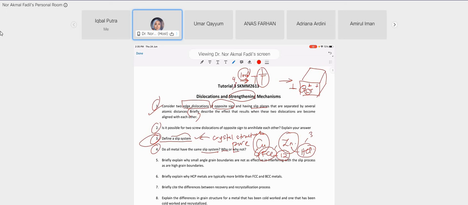Briefly explain why small angle grain boundaries are not as effective in interfering with the slip process as high angle grain boundaries.